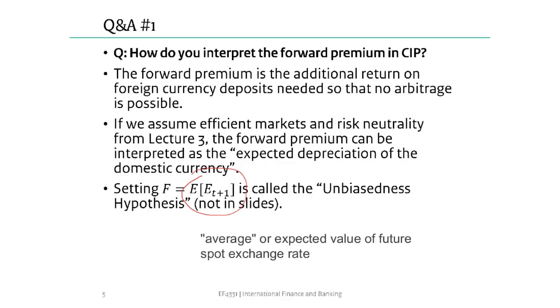This is just another way of saying average, or expected value, of the future spot exchange rate. I will go over examples of how to think about this discretely, I suppose, like in a roll of a dice. But I hope most of you have seen this term before.